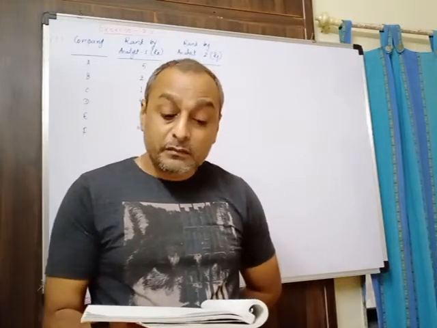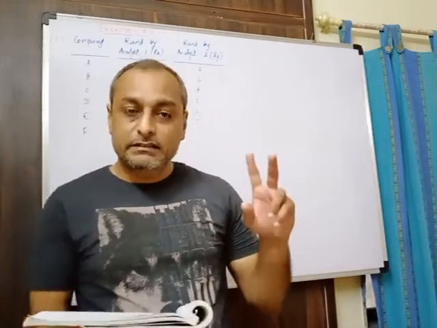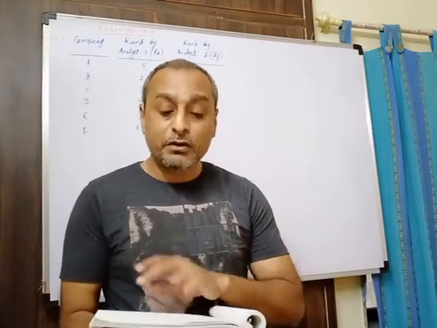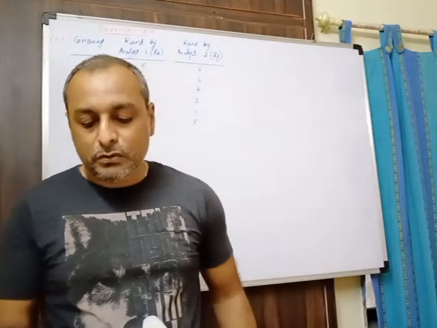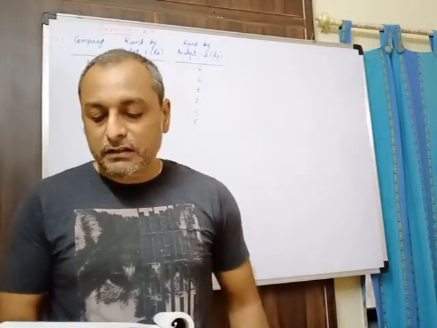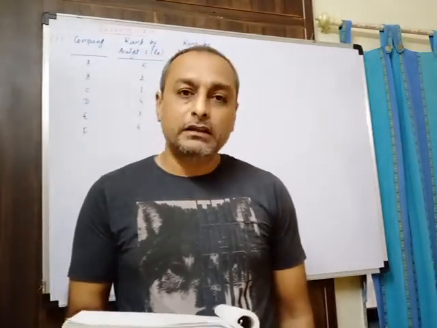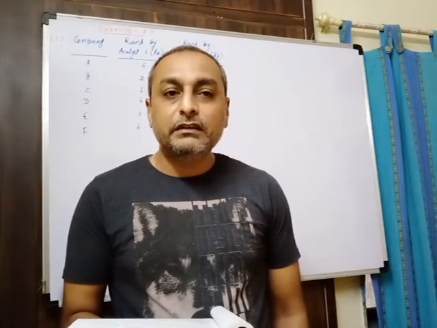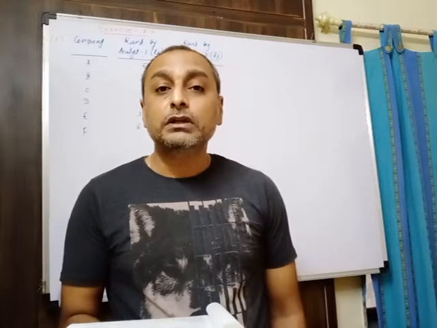So these companies were ranked by the two analysts, and the ranks they have provided are available over here. Find the rank correlation coefficient between the evaluation given by the two analysts. So we have to find the rank correlation coefficient between these ranks assigned by the two analysts.